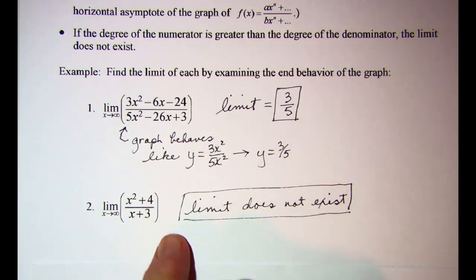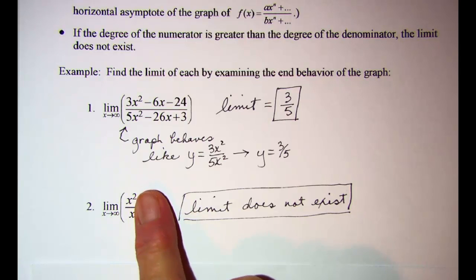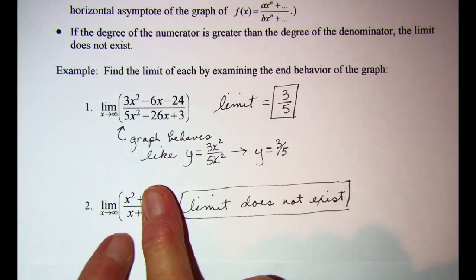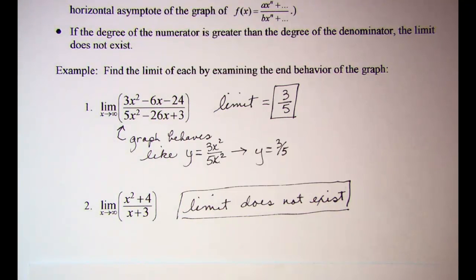And again, if we just examine these first terms and simplify that, x squared over x simplifies to just x. And as x approaches infinity, then that ratio is going to approach infinity. So the limit does not exist.